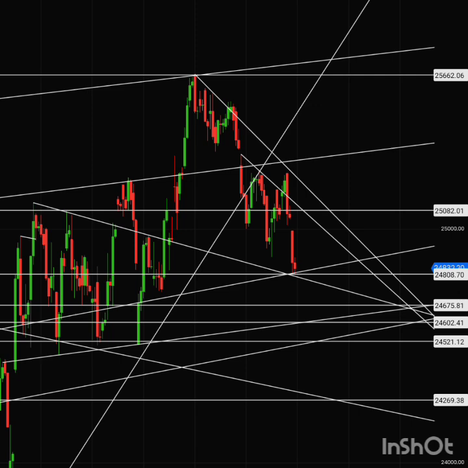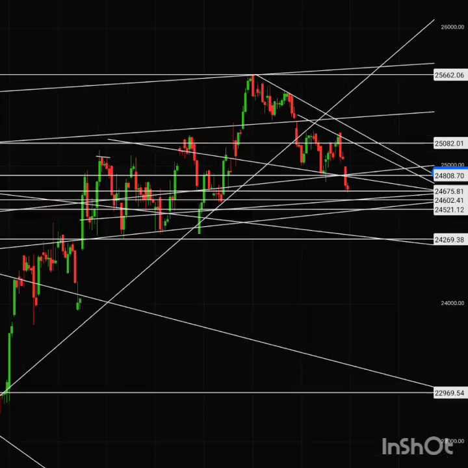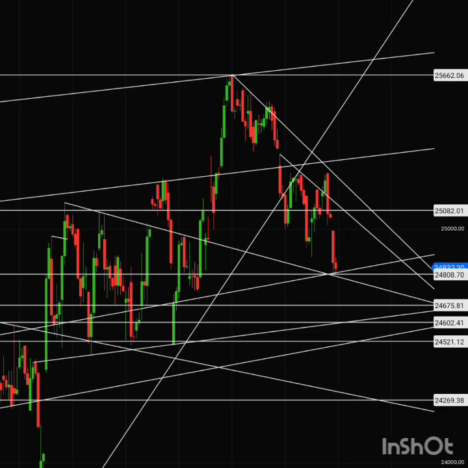Currently with the closing of today's, that's Friday's move, we will have a downside movement, and this pattern also shows a downside bearish movement. Below in the small time frame, 24,600 is a support.